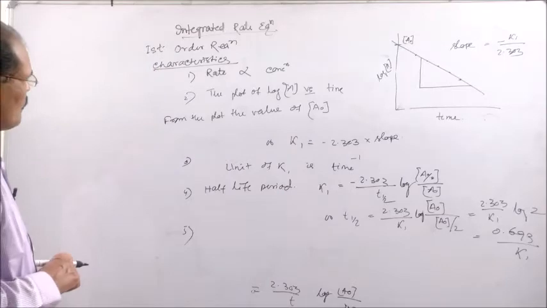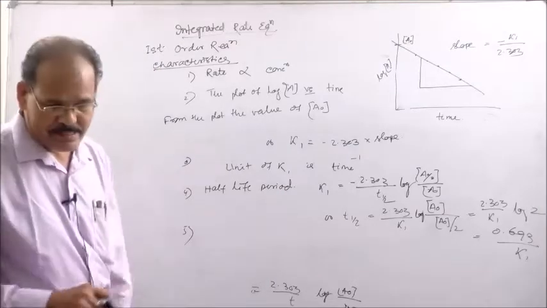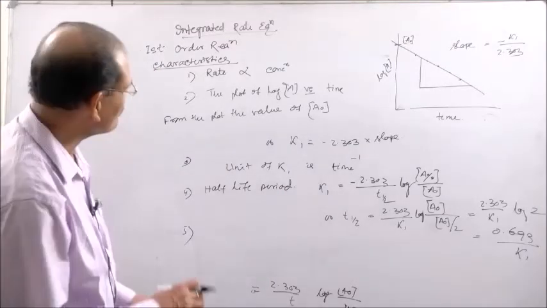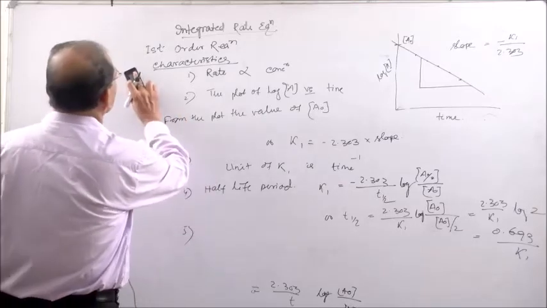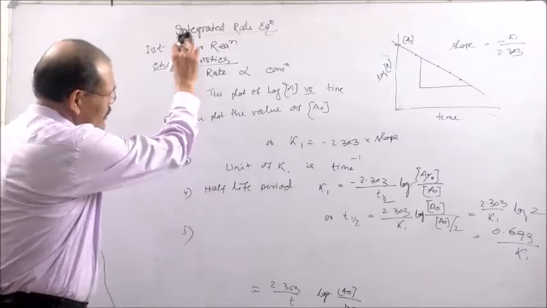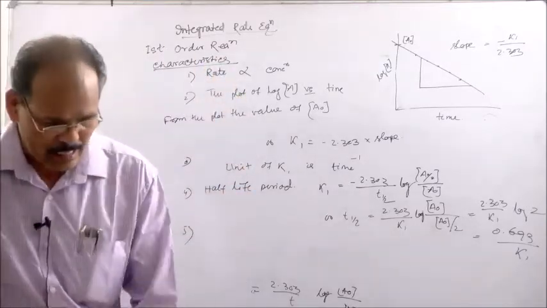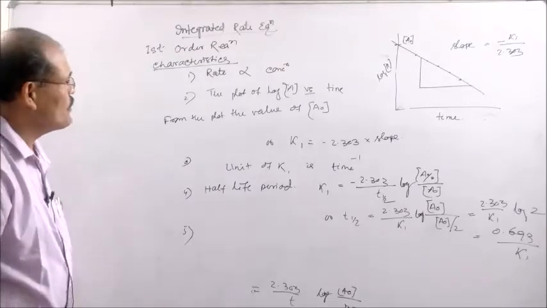So these are the characteristics of first order rate kinetics. Now, as we have learned all these things, how will we determine the order of any reaction?